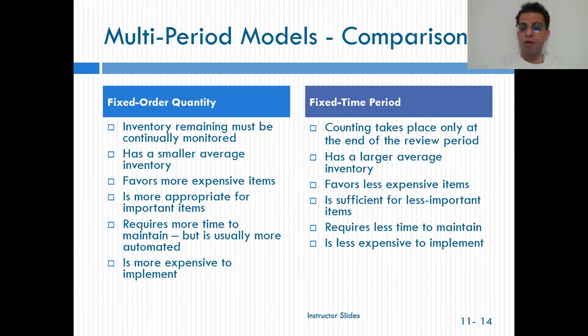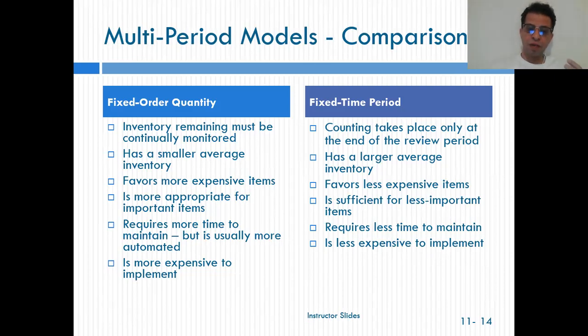The fixed time period has larger average inventories and favors less expensive items. This one more, this one less. The fixed order quantity is more appropriate for important items, so we want the more important ones to be there. The fixed time period is sufficient for the less important items.